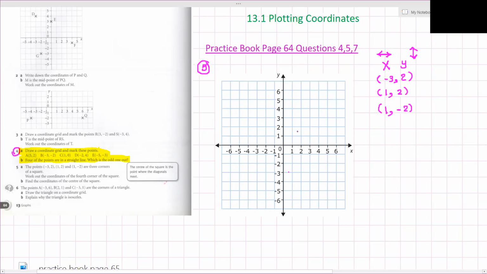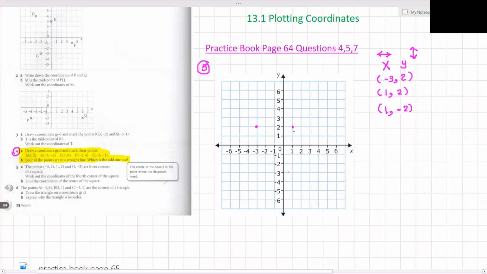Let's go together. Start. So the first point, -3 and 2. So x equals -3, so we will go left. Excellent. So we will go left till -3 and 2 up. 1, 2. Stop here. Next, x equals 1. We will go right 1, then y equals 2, so we will go up.